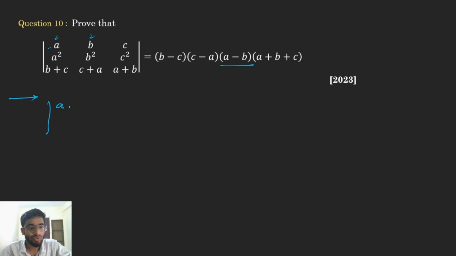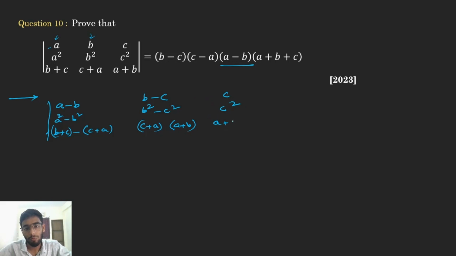By applying these, we are getting A minus B, A square minus B square, and B plus C minus C plus A. Here also, B minus C, B square minus C square, C plus A plus B, and that side it is the same.